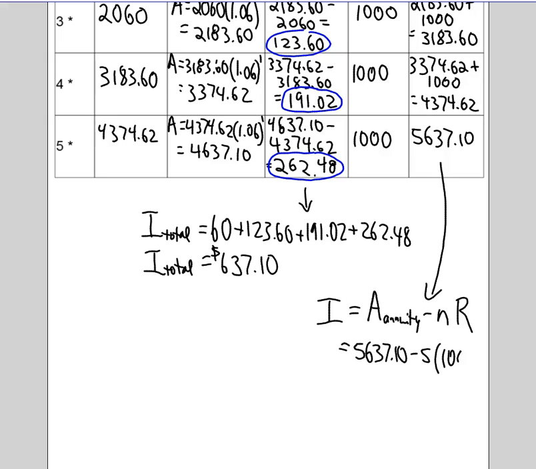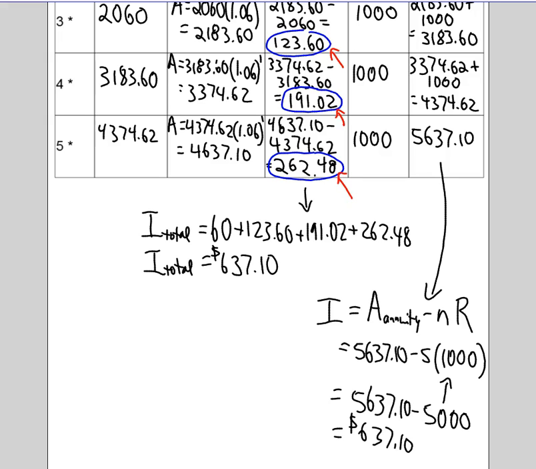The deposit value was $1,000, so we deposited $5,000 here, and we ended up with $637 additional from our investment. So that's another way of getting the 637.10, and it's accurate here because I've rounded to 2 decimal places for pennies all the way through in these values. But even with that rounding, we're still able to be accurate to the nearest penny in this case.